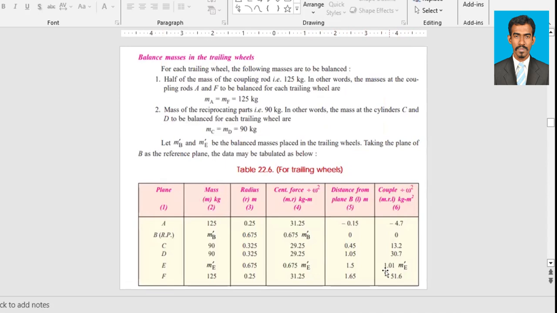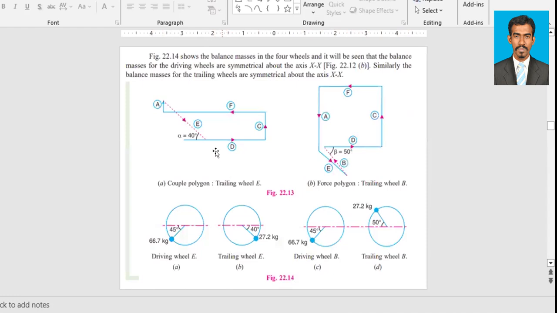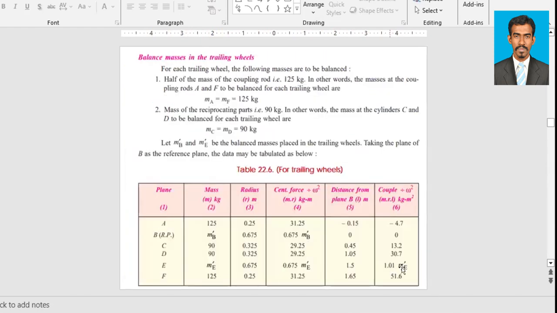By joining the first and last points of this polygon, we will find the unknown mass 1.01 m dash e.